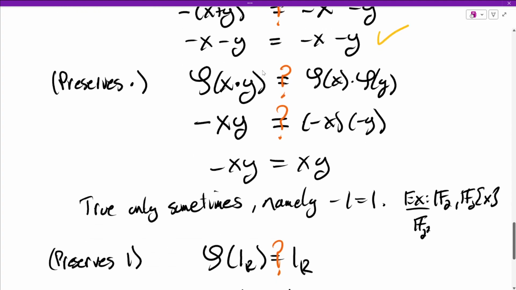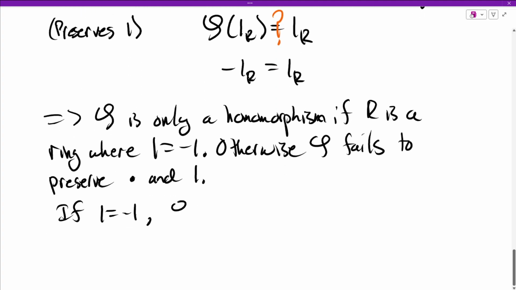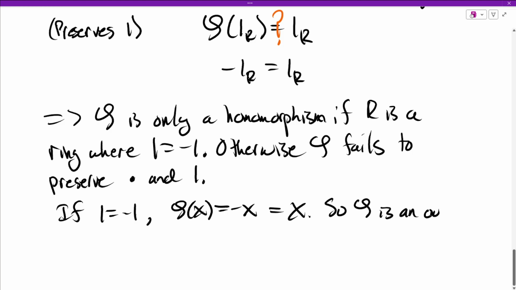So phi of x is just x. So phi of x equals -x, but 1 and -1 are the same thing. So phi is the identity, right, in the case where 1 equals -1. So phi is actually an automorphism because it becomes the identity map in this case. So the answer to this question is in general no, but sometimes.